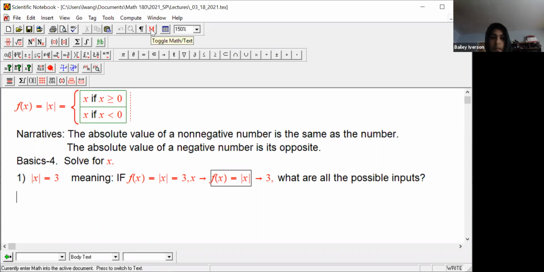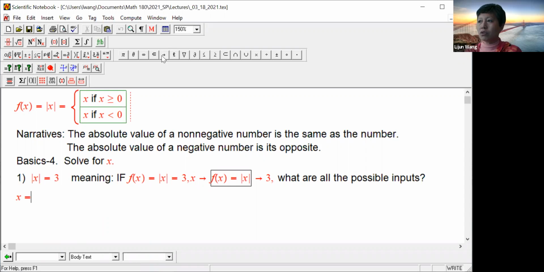When you know the meaning, the answer is obvious. It's 3 or -3. Sometimes we write it in shorthand notation: X equals plus or minus 3. Even though we put the plus and minus signs together, the key word is or.